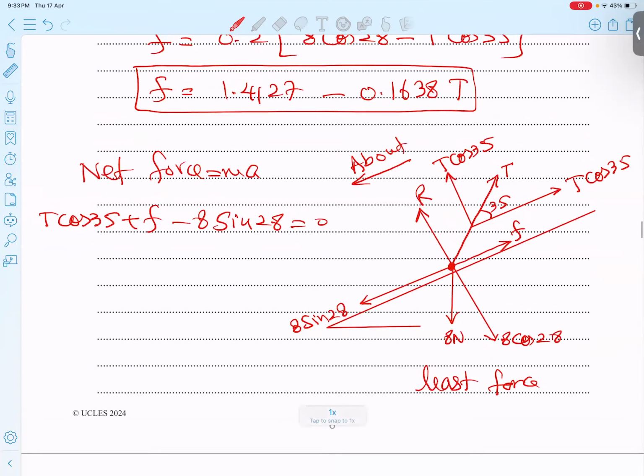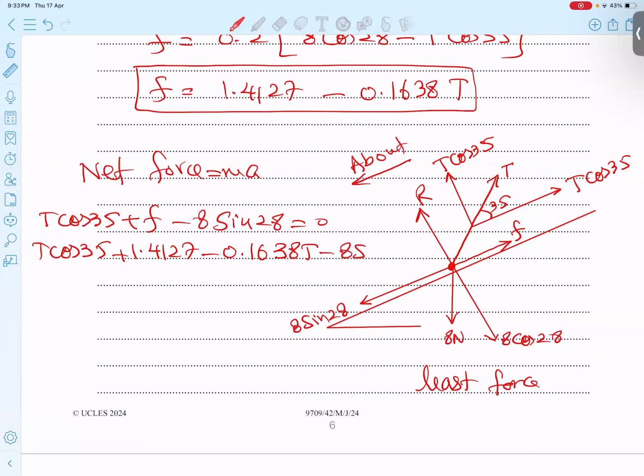And the friction force will come from here, and then I will get my answer. So T cos 35, friction value comes from here, plus 1.4127 and negative 0.1638 T and negative 8 sine 28 is equal to 0.